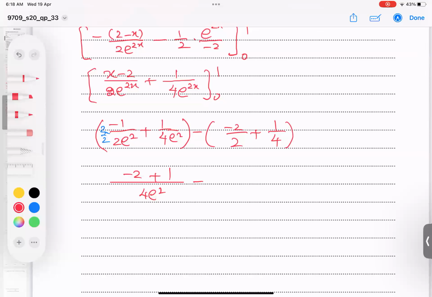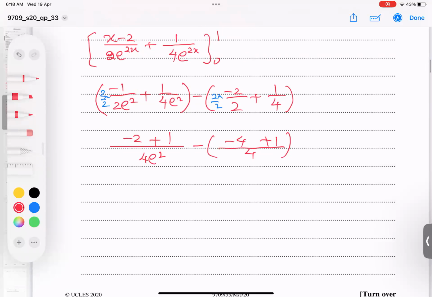I hope it is clear. So what about this? Into 2 up, into 2 down. So what am I getting here? 4 LCM. Wait a minute. 4 LCM comes plus 1 and minus 4. And finally, what am I getting here? This is in the numerator, negative 1 over 4e square.